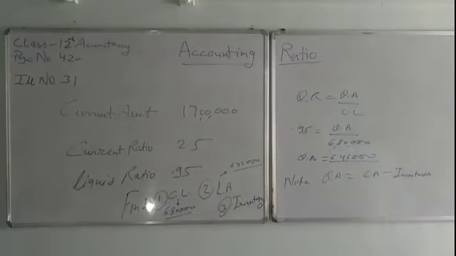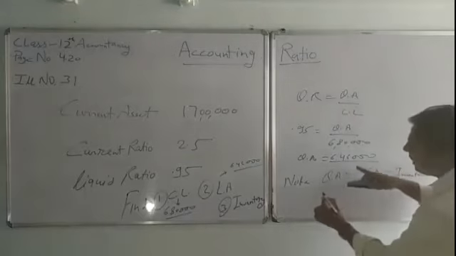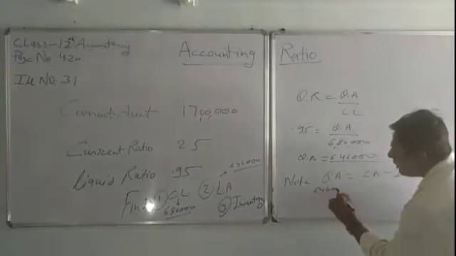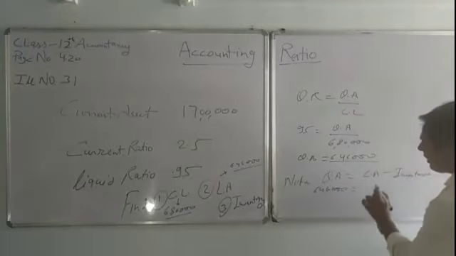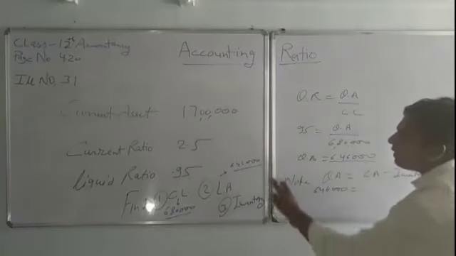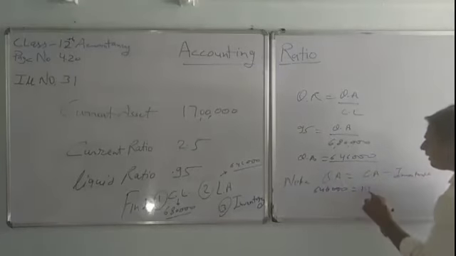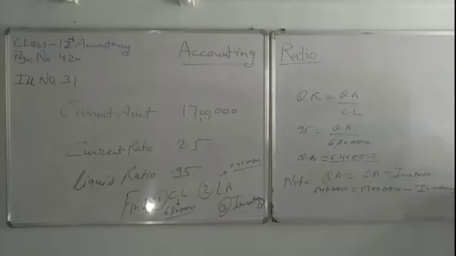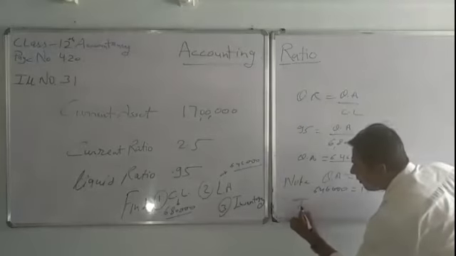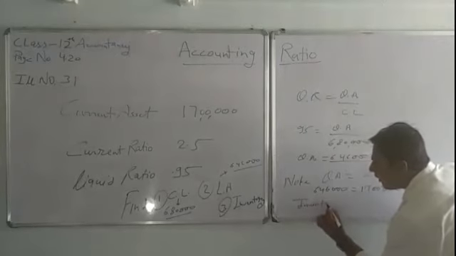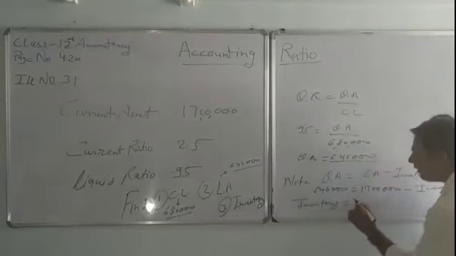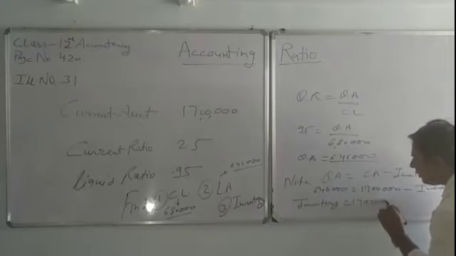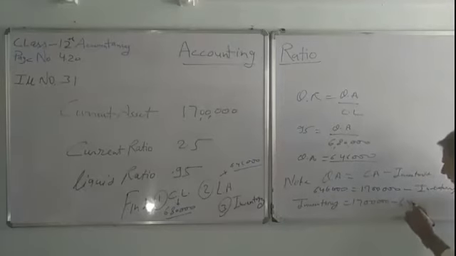Now, quick asset we have 6,46,000. Current asset we know, yes, 17 lakh. So we can find out inventory. Inventory is equal to 17 lakh minus 6,46,000.